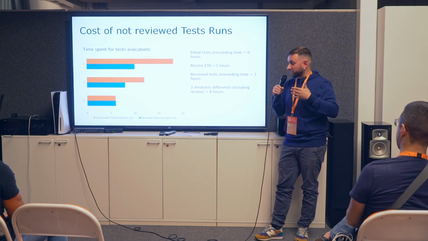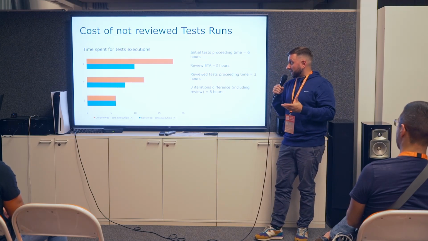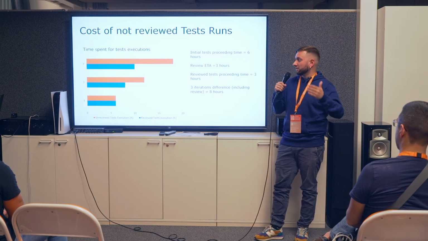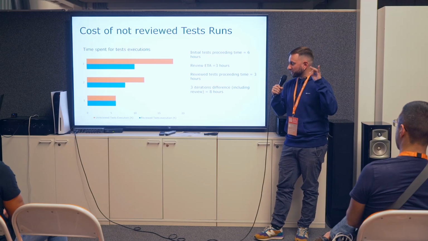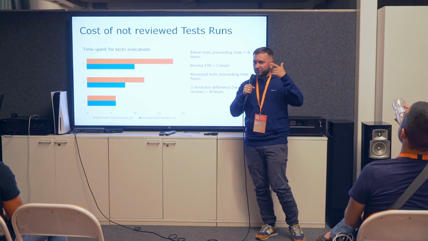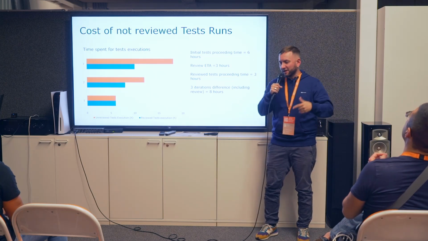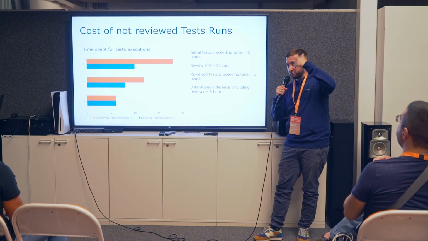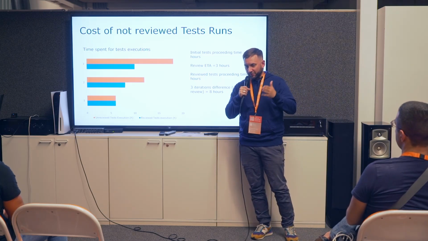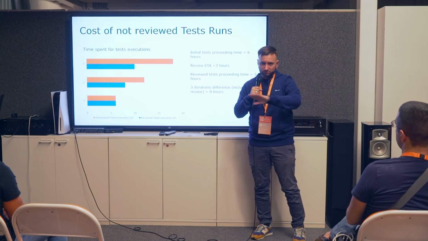And speaking of learning from mistakes, I have this experience when the team was really using unreviewed tests, and it had 4 or 5 iterations, a lot of hours, and only after this number of iterations were these tests reviewed, and really half of the tests were removed.